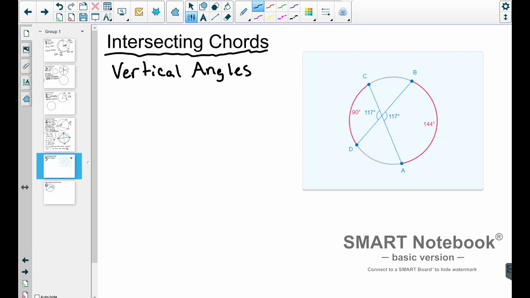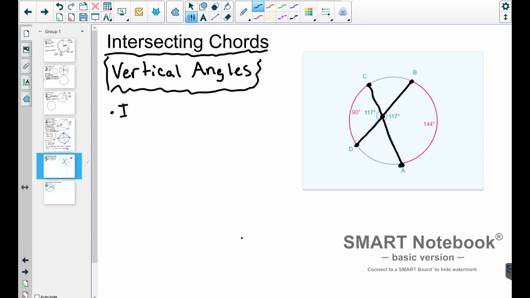We know that chords are lines that span across the circle, right? And I believe we all know what intersecting means. It means they meet at some point, they share that point. So intersecting chords bring back that vocabulary word of vertical angles.